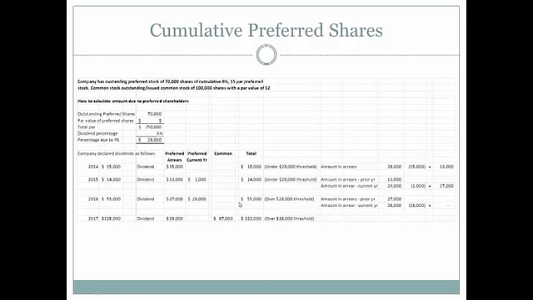Well, when we subtract $27,000 from $55,000, we see that the amount left over is $28,000, so that in its entirety would go to the preferred shareholders for the current year. So amount in arrears prior year is $27,000. Amount in arrears current year, well, they were supposed to have been paid $28,000. They did pay them $28,000, so there is no amount in arrears for any upcoming dividend declarations in upcoming years.